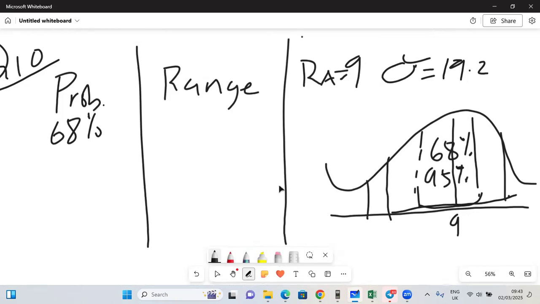Then the third one increases it to 99%. So 68%, 95%, and then 99%. So that's how it moves. So 68 is just the first move.